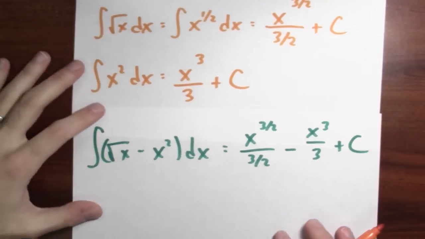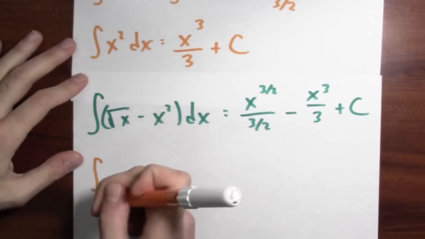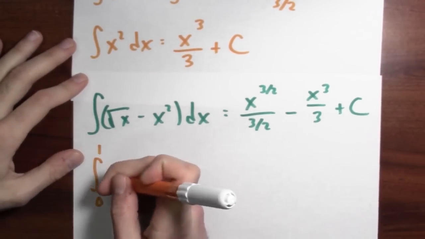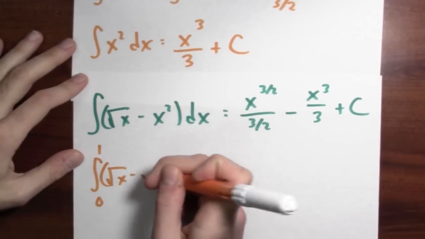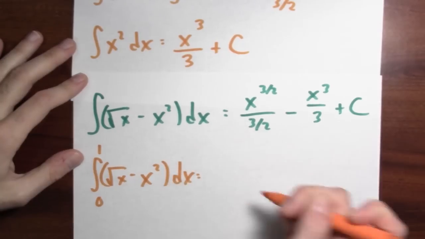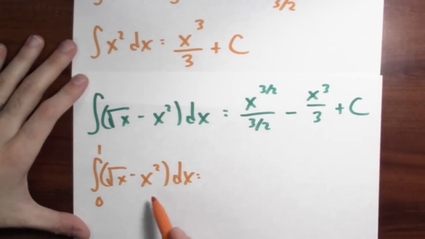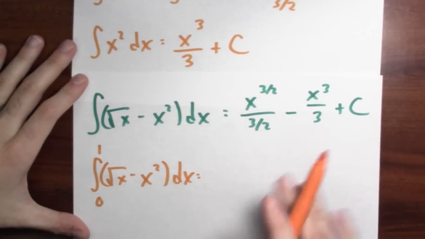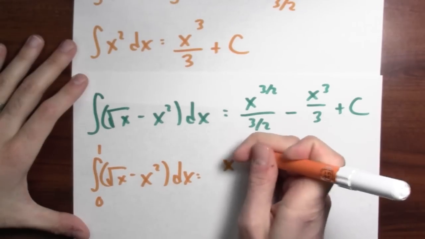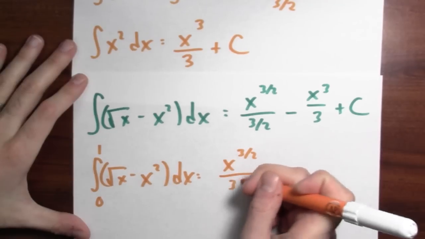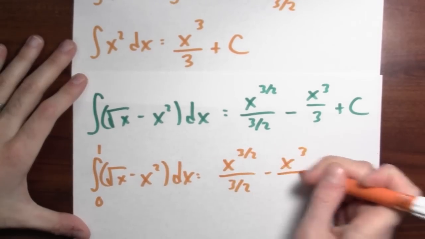Armed with the antiderivative, I can now evaluate the integral. So one way to write that is as follows. If I want to integrate from 0 to 1, the square root of x minus x squared dx, I'll just write down the antiderivative for this, or an antiderivative for this, which is x to the 3/2 over 3/2 minus x to the 3rd over 3.